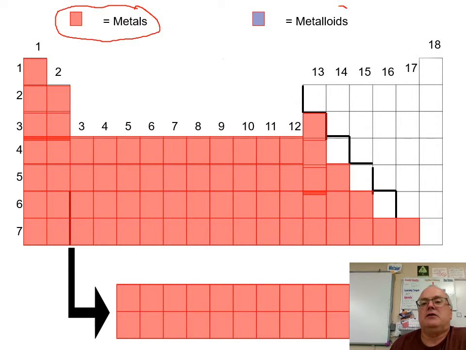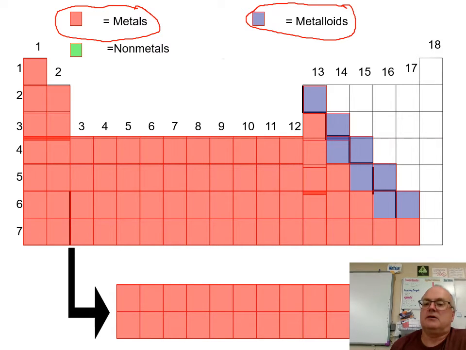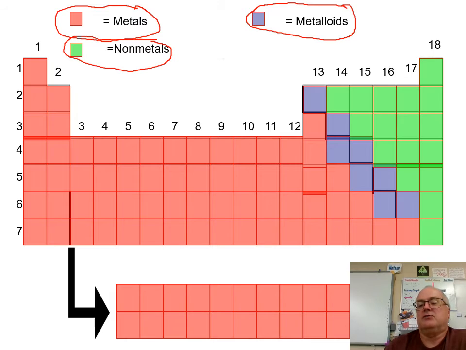The next color you're going to use is blue. This is blue. That is going to represent the metalloids that are found on the periodic table, and you will find them here. And then the final color will be green. Green will represent elements that are referred to as nonmetals, and those will be found in this section of the periodic table here.